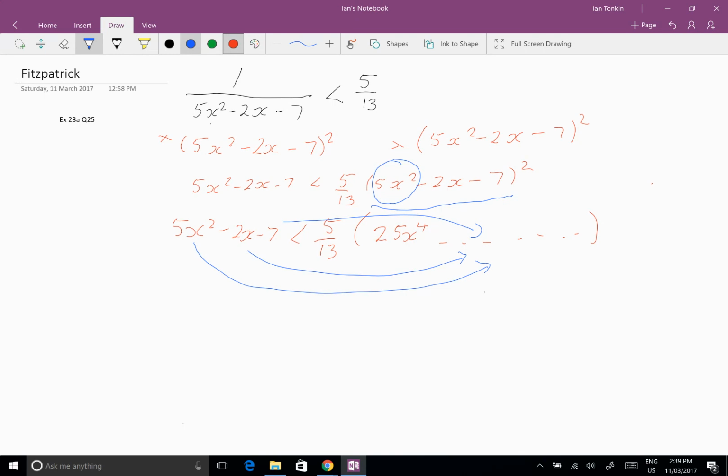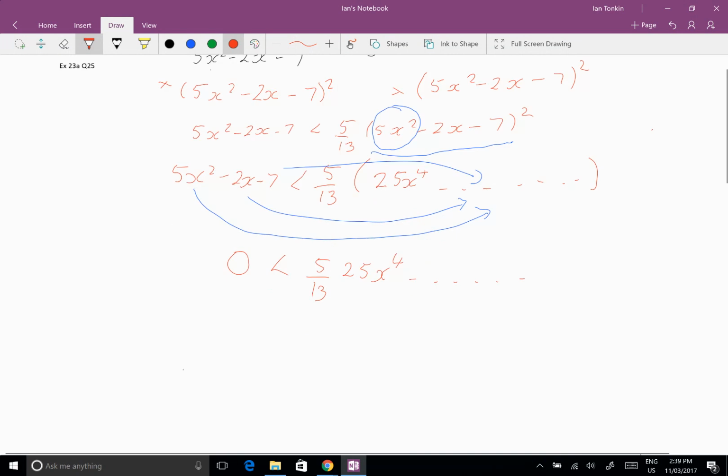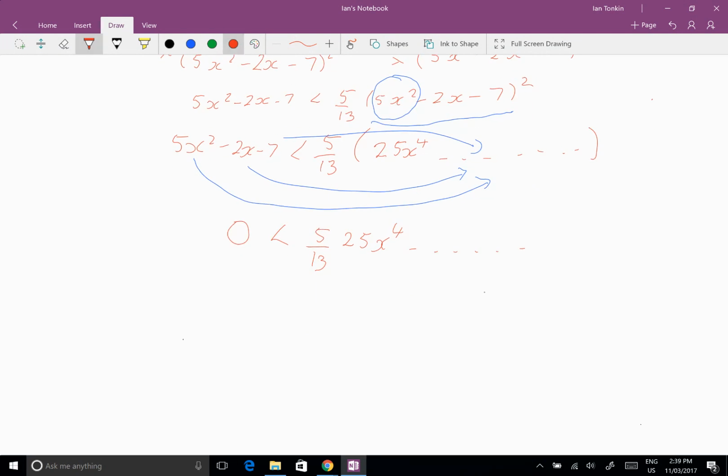The leading term, when I pull all those things across, will be 5 on 13 times 25x to the 4, blah, blah, blah, a whole lot of other different parts of the polynomial. And I'm lucky because I know that that's a quartic, and it's a positive quartic, because the number in front of x to the 4 is positive.